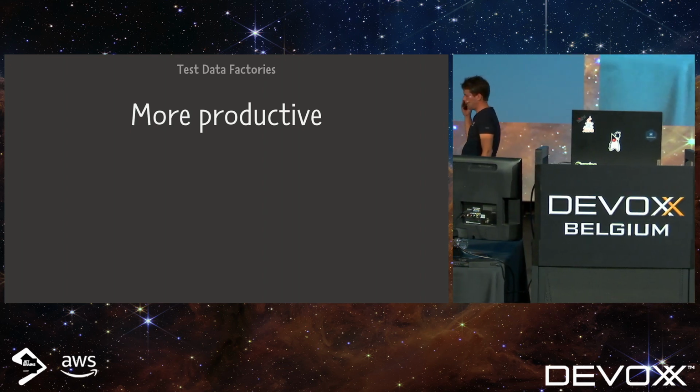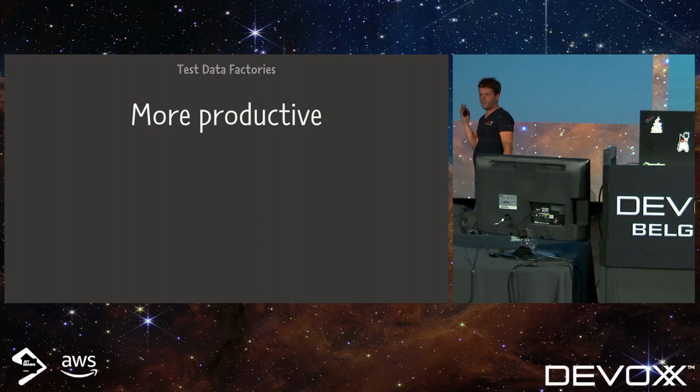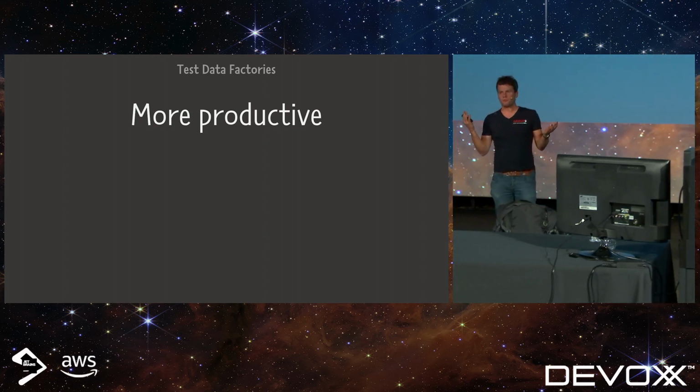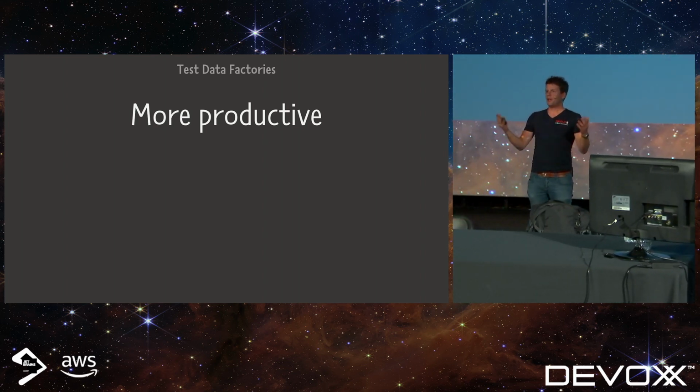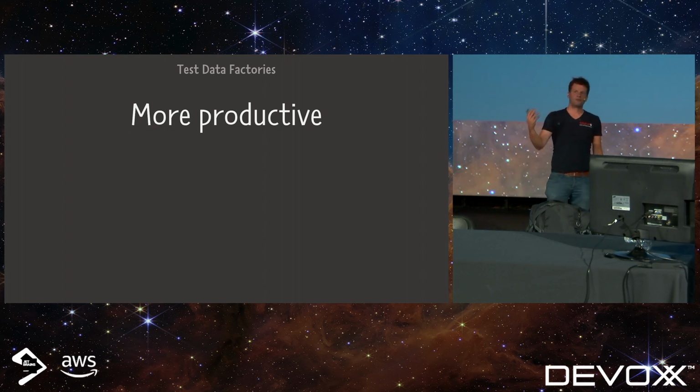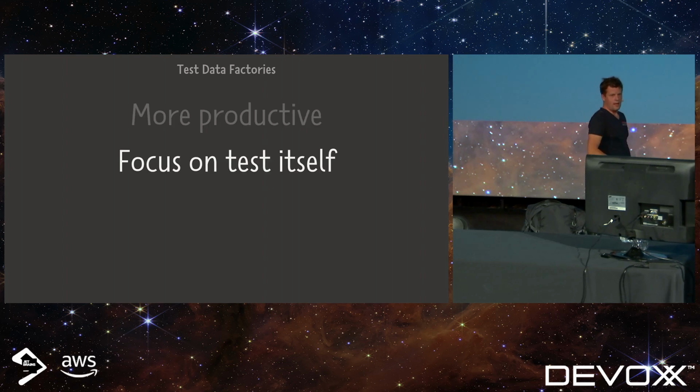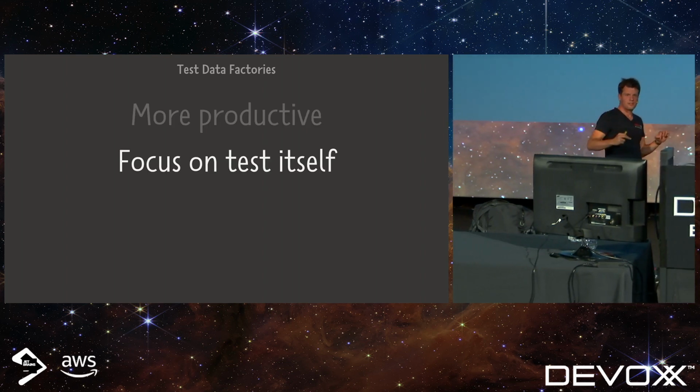See, in this webshop example, it's about a webshop for board games. Imagine all kinds of tests in that system. Many of them will need a game, or a game with a certain property. So that's very easily reused then. And that allows me to focus on the test itself.